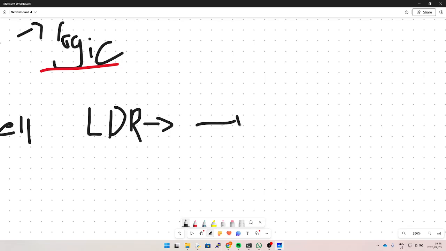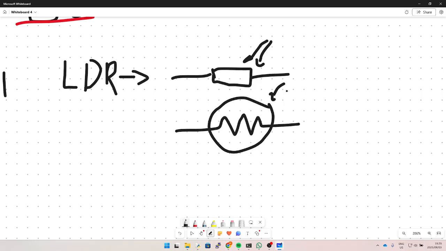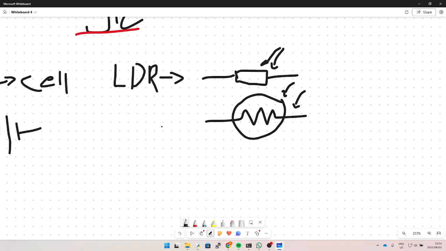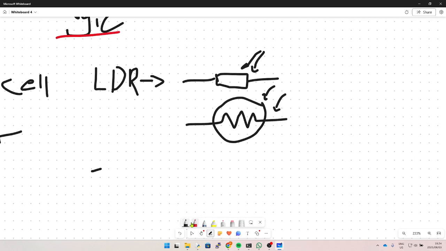I prefer using the standardized ones from robotics. This is the one way, and the other way is this here. So you just decide which one you want to use. And if sir does not give you a mark tomorrow, don't worry. I will make sure that you do get your mark if you draw either or. It's simple. It detects light energy.